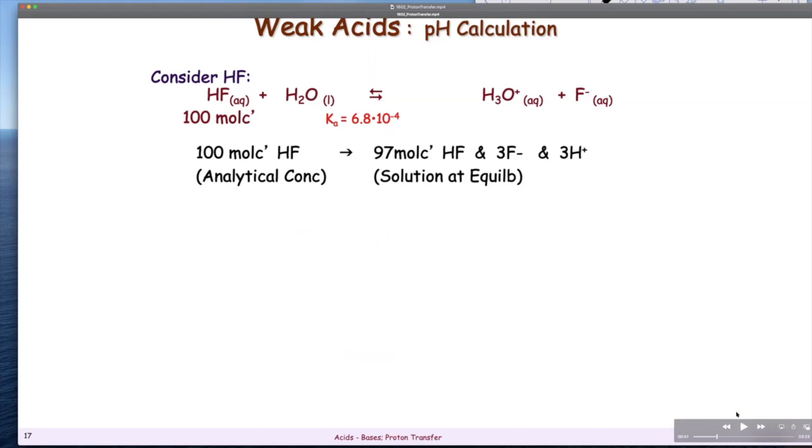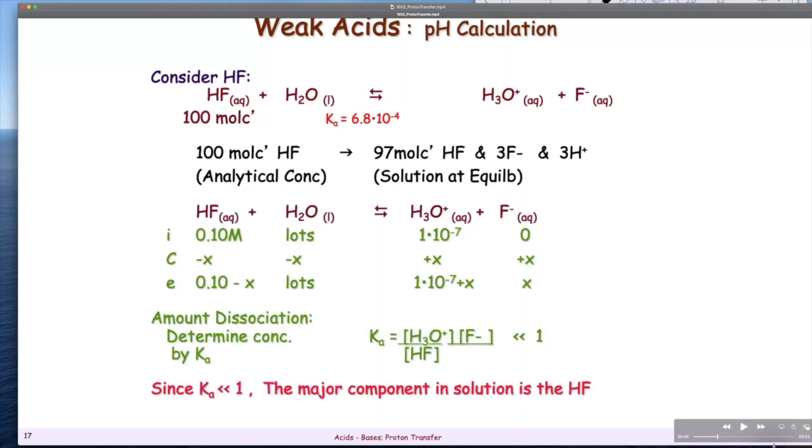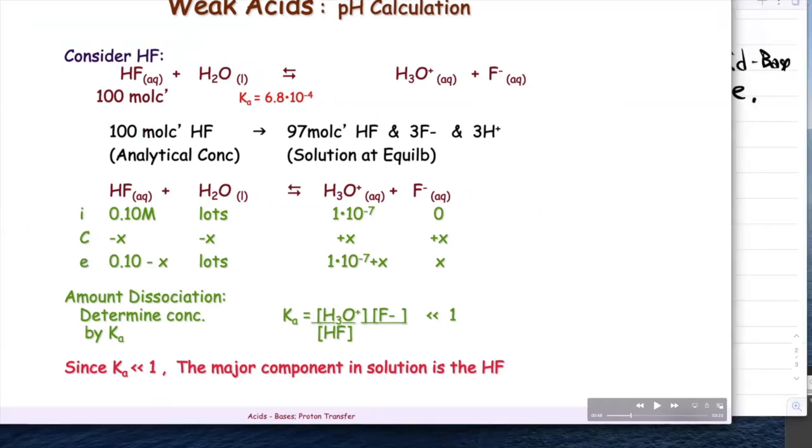So again, you can see that in this particular case, what we have is the ICE table. If we have HF here at 0.1, and water, of course, is a liquid, so I just put a line there.